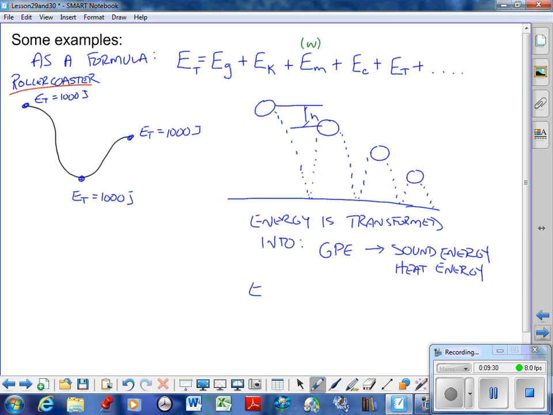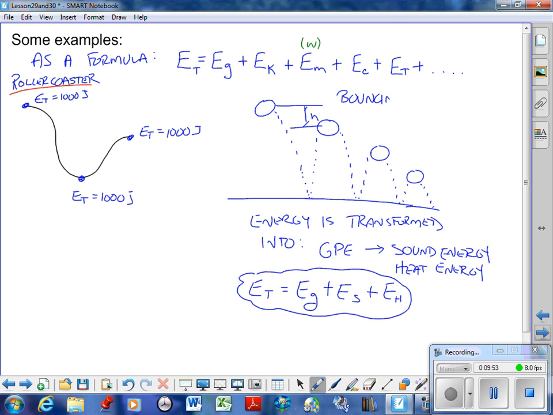So the total energy in this system for the bouncing ball would be your gravitational energy plus the energy that's gone to sound plus the energy that's gone to heat and everything else. So energy remains constant even though you don't think it is. You just have to figure out where that energy got transferred to. So that's a bouncing ball.